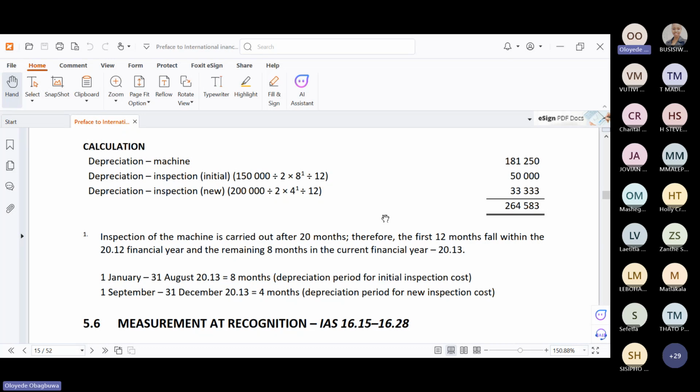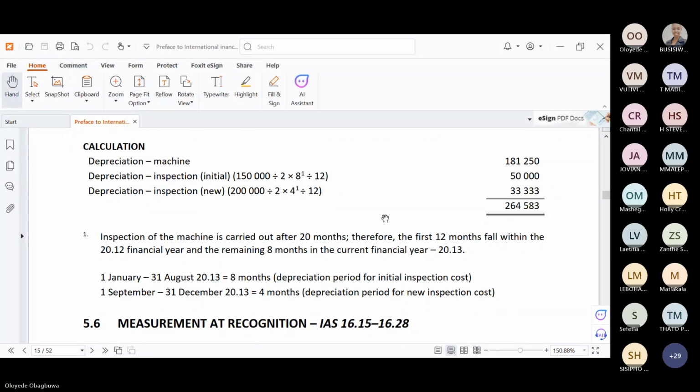If you look at note 1 here, inspection of the machine is carried out after 20 months. Therefore, the first 12 months fall within the 2012 financial year. That one has gone. The remaining 8 months is in the current year, which is 2013 that we are working on. 1st of January to 31st of August 2013 is 8 months, so that is the depreciation period for the initial inspection cost. 1st of September to 31st December 2013 will be 4 months, the depreciation period for the new inspection cost.